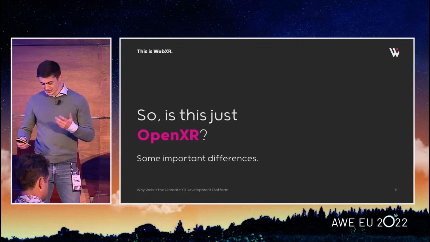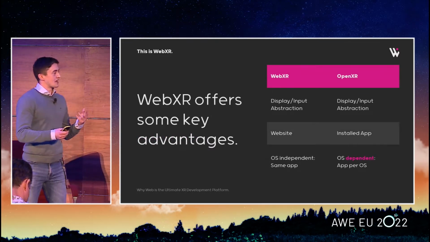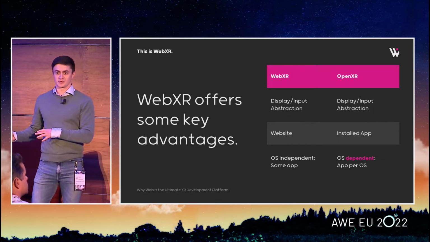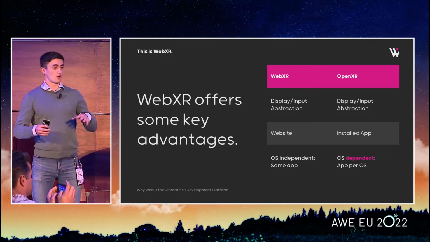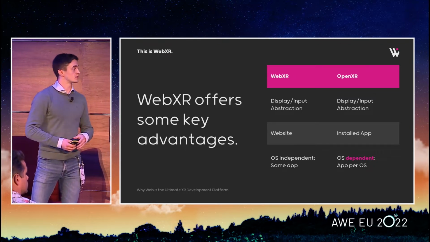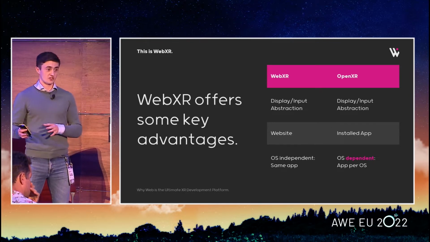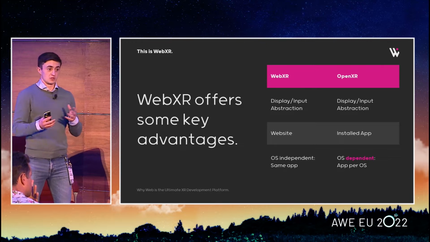OK, so this sounds like OpenXR. Like, it seems to be just an abstraction. And it's true, OpenXR does abstract input and does abstract display. So does WebXR. But the key difference is that any OpenXR app needs to be installed. So you get that advantage from having a website. And the other key difference is that OpenXR is platform dependent.